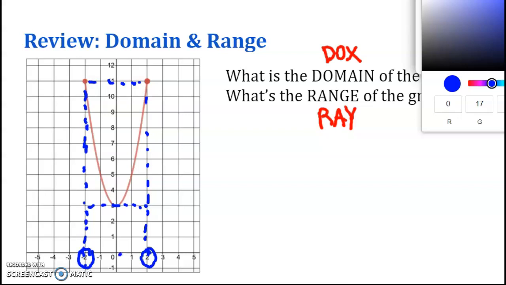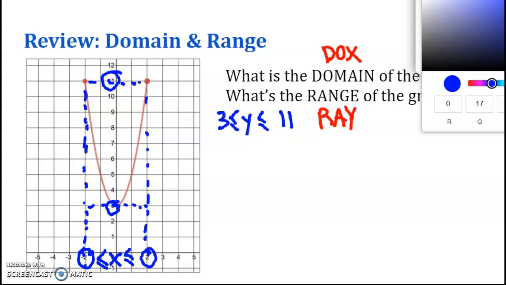So that means domain is going to be in between -2 and +2. I'll show you the format in a minute. What about range? Range is going to be starting from +3 to +11. Again, the smaller number goes on the left.